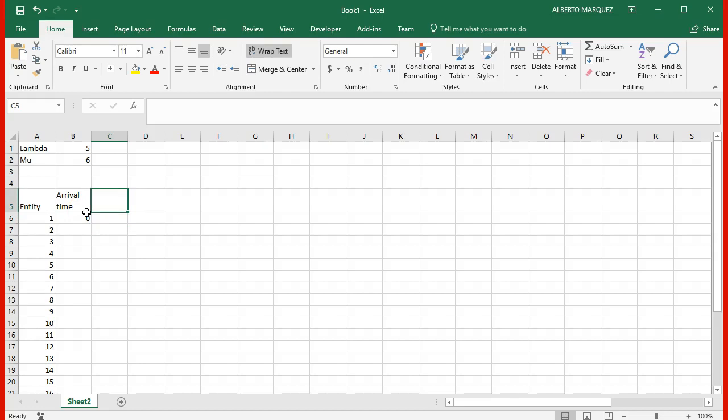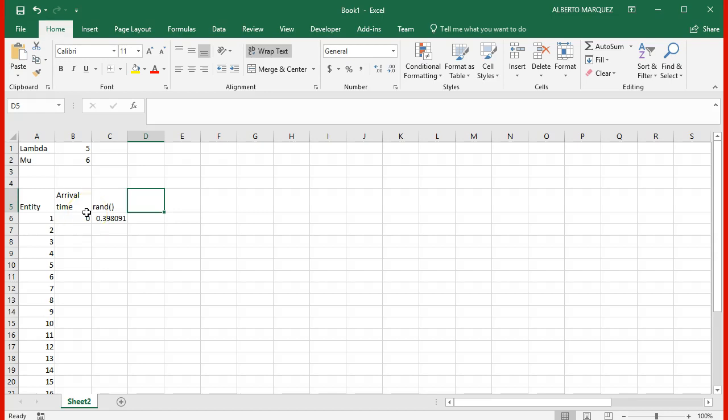And then we need to program the next arrival. We want them to follow an exponential distribution, so we need a random number. This is a uniform random number between 0 and 1. From there, we transform this random number into an exponentially distributed interarrival time.